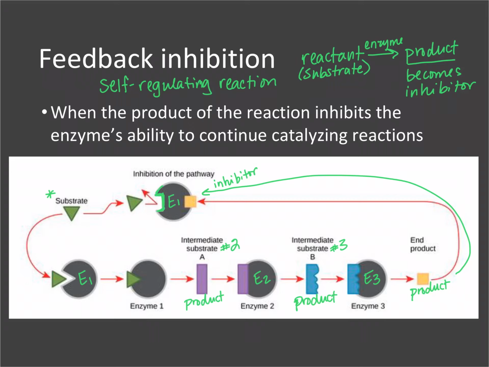But the key thing, regardless of whether it is an allosteric or another form of non-competitive inhibition, is just that the product becomes the inhibitor. And so what this means is that as more and more product is being made, more and more of the enzymes are going to be turned off or down-regulated. And so that's why I said this is a self-regulating reaction. It's because the product actually shuts down the reaction when it starts to get too concentrated.